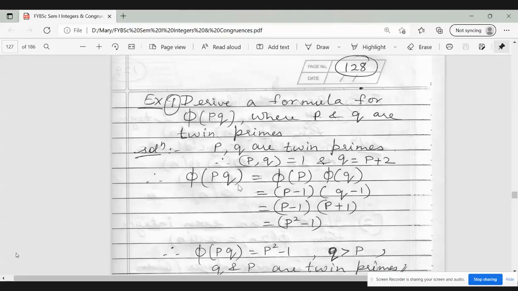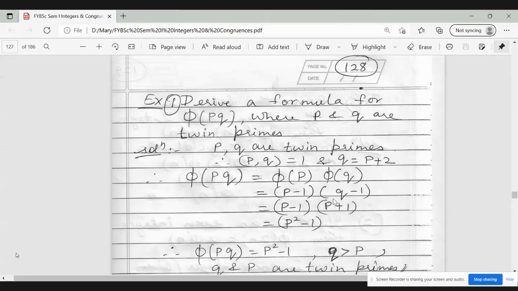So see, P and Q, twin primes. We're looking at deriving a formula for phi of PQ, where P and Q are twin primes. They are primes, so they are relatively prime to each other, and so phi of P into phi of Q. Phi of P will be P minus 1, phi of Q will be Q minus 1. But they differ by 2, so I can substitute Q as P plus 2.